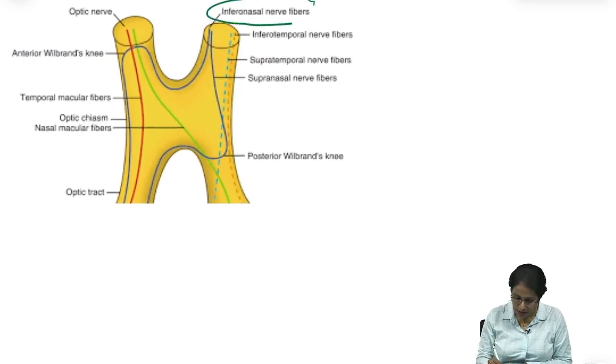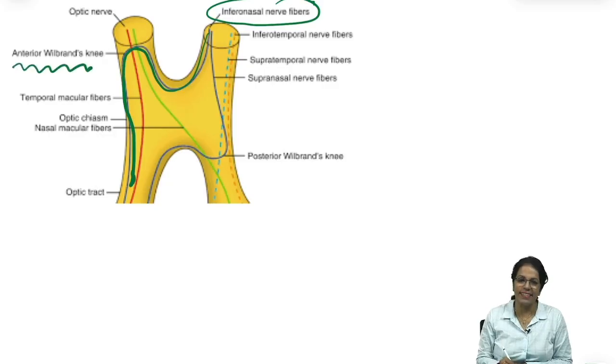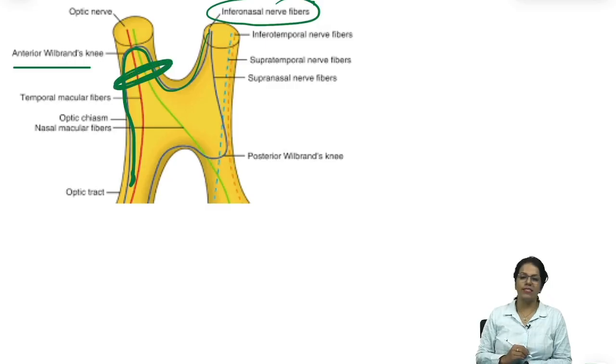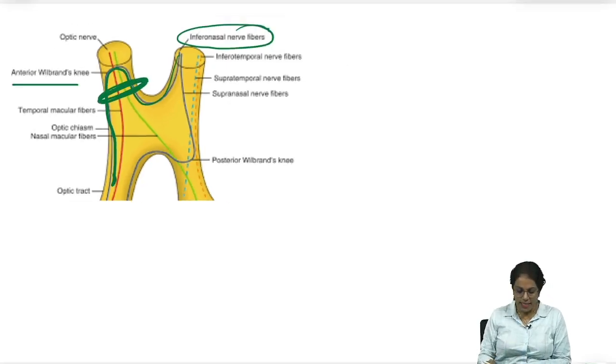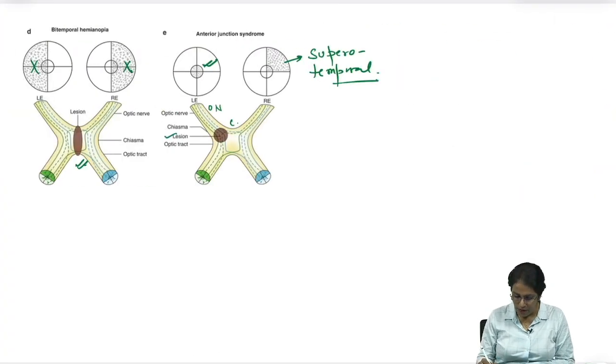These inferonasal fibers detour to the opposite side like this and then go into the chiasma. This is what is called anterior Wilbrand's knee. Now, if the lesion is here, these inferonasal fibers are damaged. This is the reason I get one side superotemporal quadrantopia, other side central scotoma.